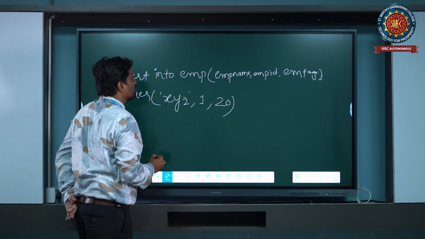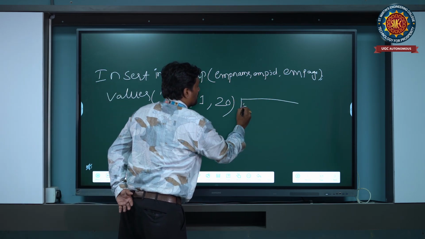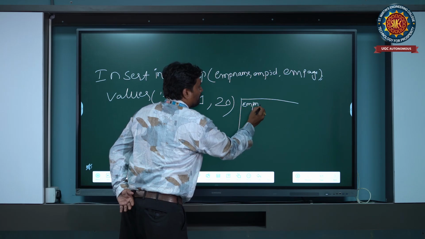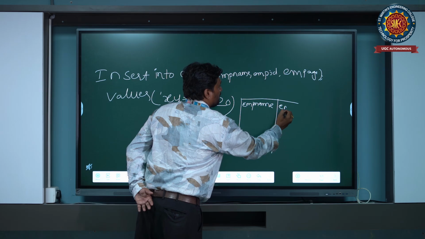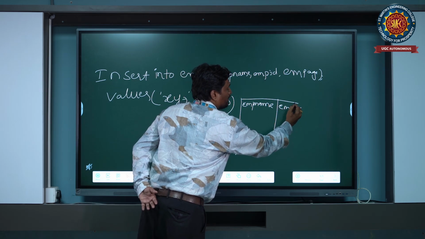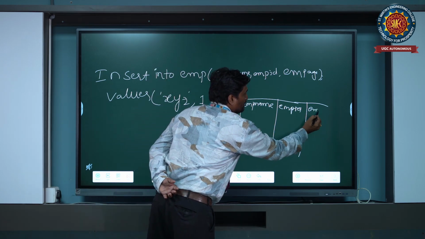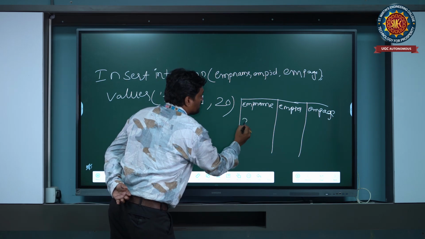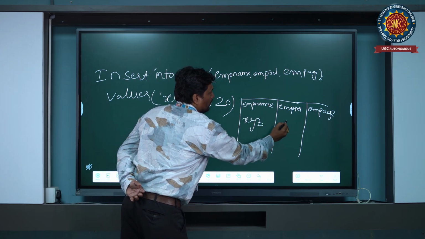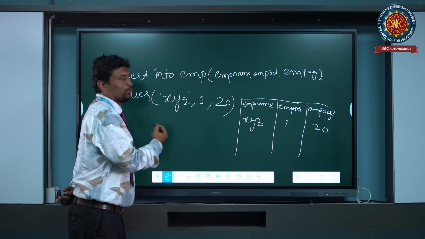How to insert the data here: EMP name, EMP ID and EMP age. See, XYZ, 1 and 20. This value has to be stored in the table.